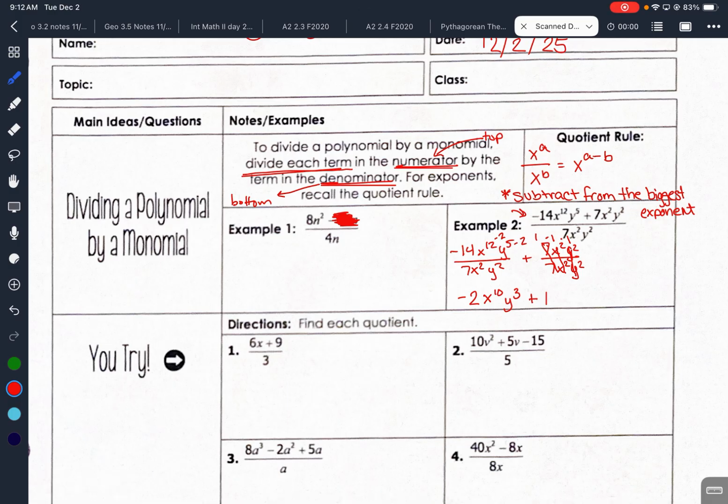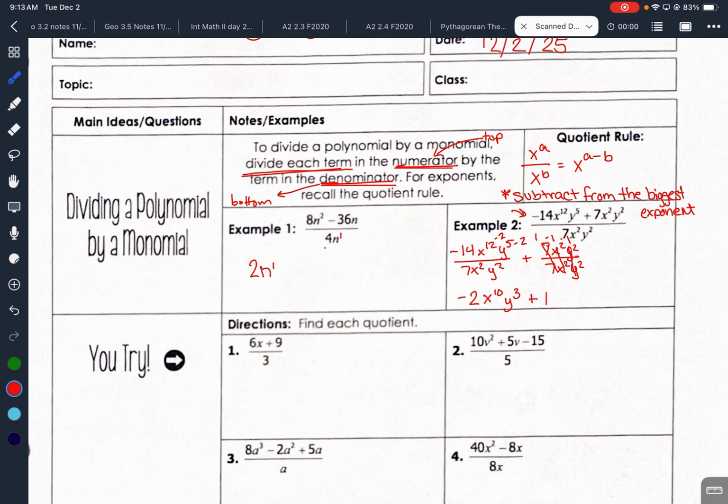So I have 8n squared divided by 4n. What do I get? 2. What's the exponent down in the denominator? 1. So what's 2 minus 1? 1. Now uncover the other one.